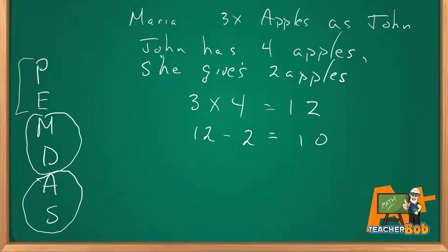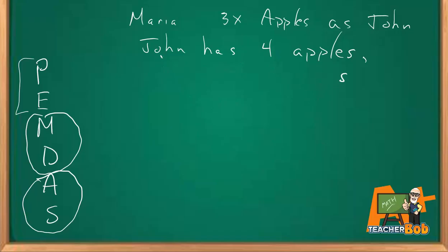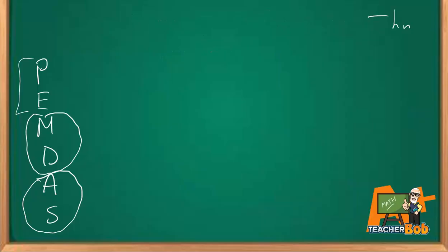Okay, let's try another one here, a little bit more complex. So let me erase this. Remember, if you're wanting to write any of this down in your notes, you can pause the video. You're in control. So, problem 2.